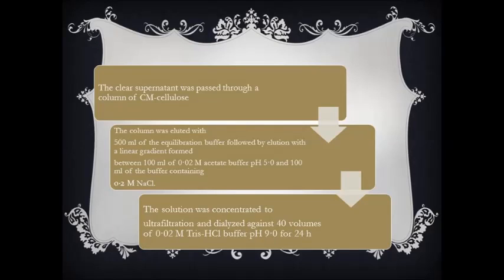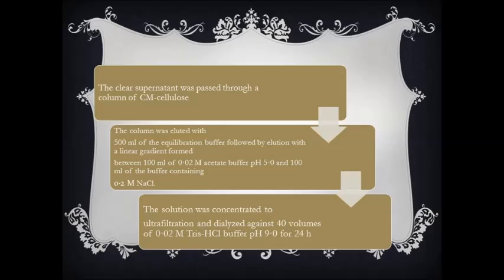The clear supernatant was passed through a column of CM cellulose. The column was eluted with 500 milliliters of the equilibration buffer followed by elution with a linear gradient formed between 100 milliliters of 0.02 M acetate buffer pH 5.0 and 100 milliliters of the buffer containing 0.2 M sodium chloride.